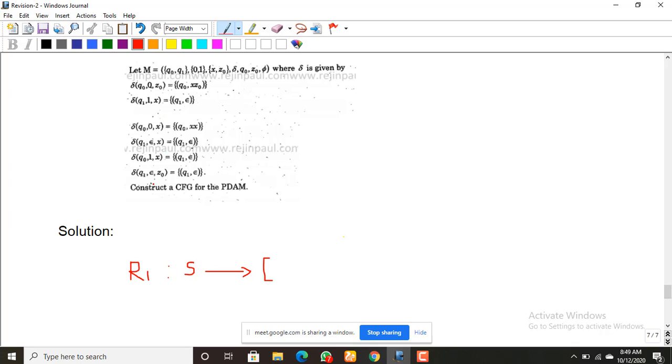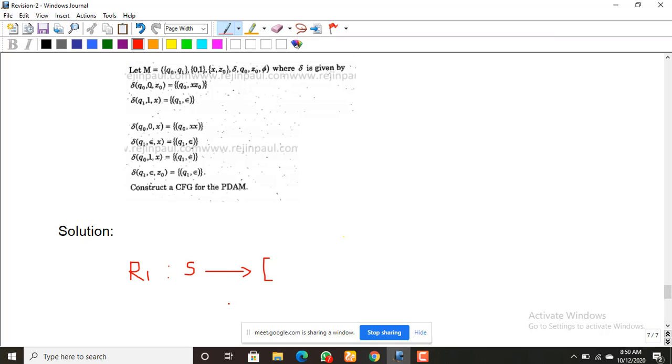Actually, before that, I have to write what the non-terminals are. Not like that, no need to write the non-terminals. You have to directly derive rule number one.